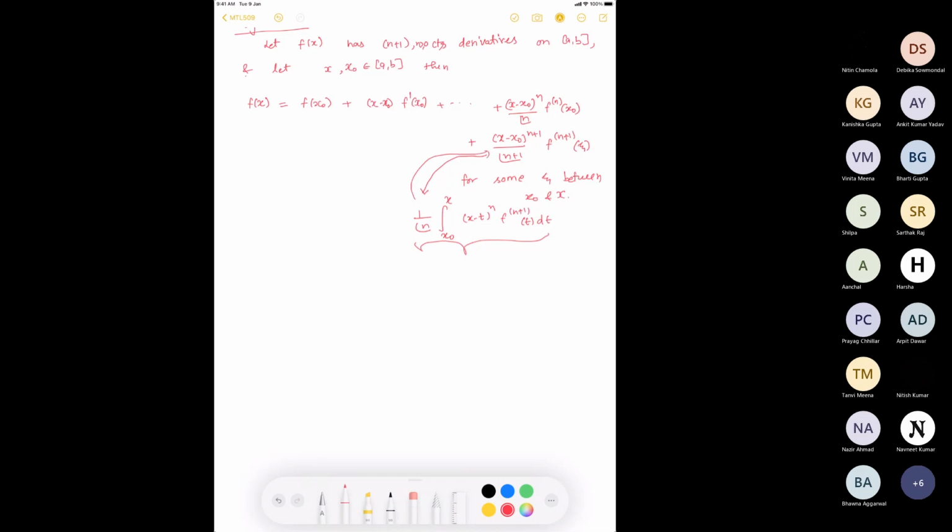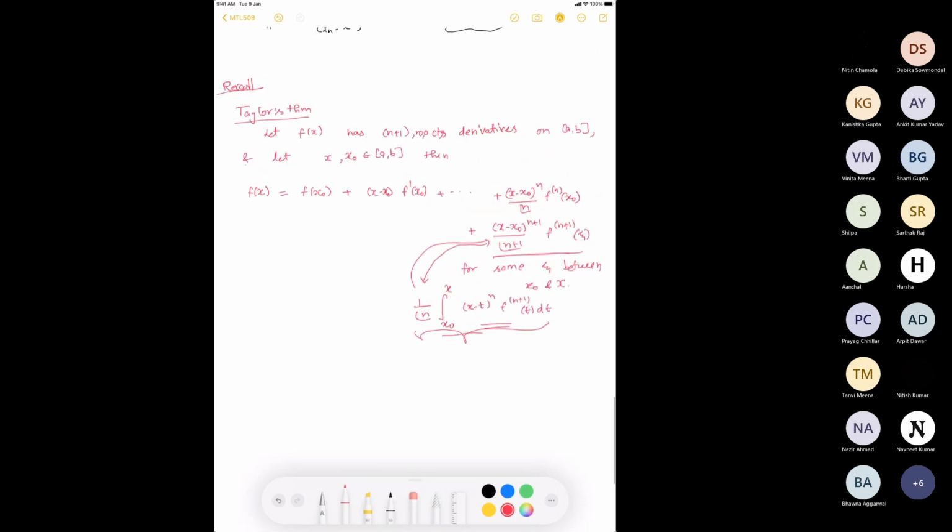So this is something for you to think about: there is one theorem which we apply to get from this step to this term. So you think about what we have to do to get from this integral to this exact term.